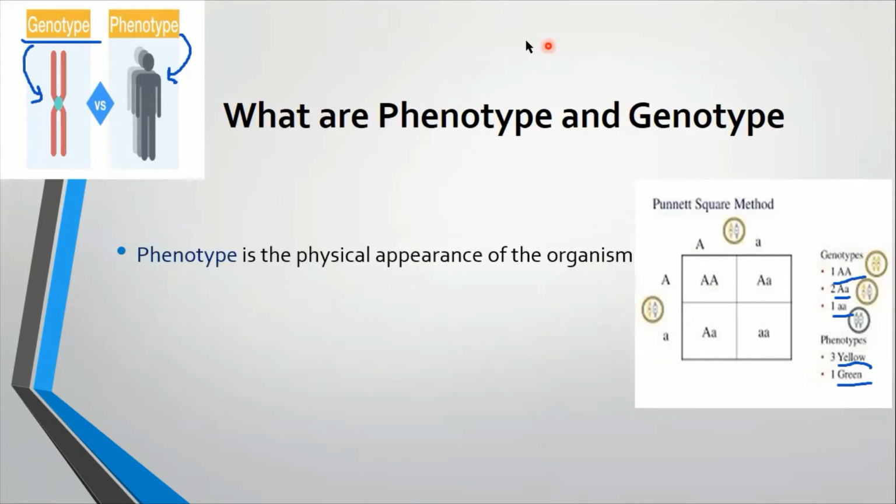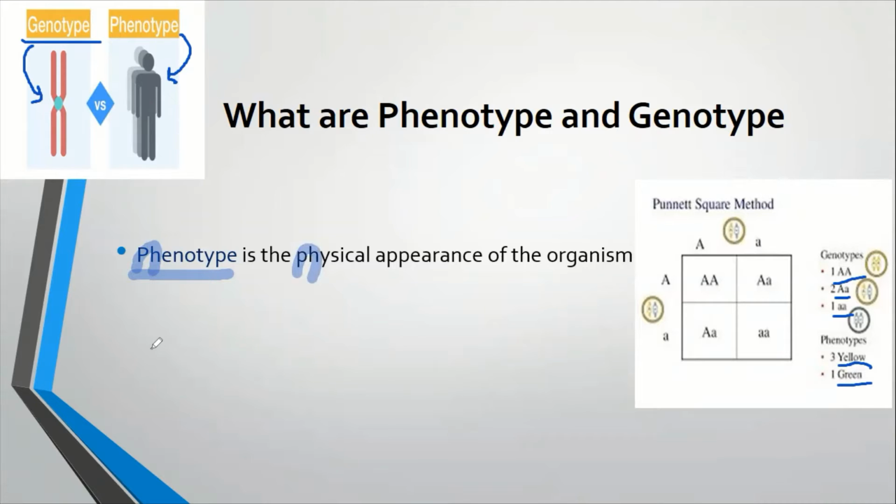This is so easy because phenotype is the physical appearance of the organism. Something will make it easier for you: phenotype starts with ph, and physical appearance starts with ph also.